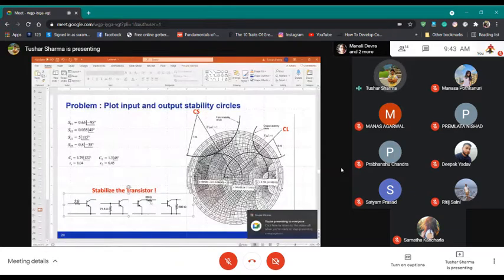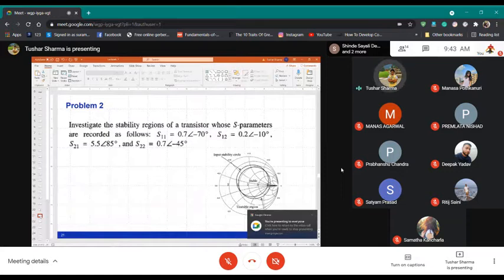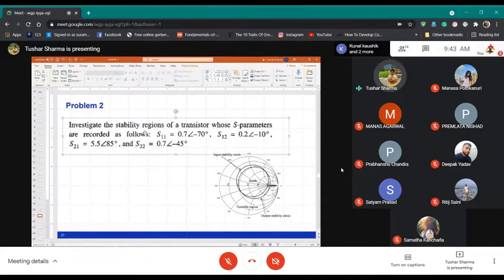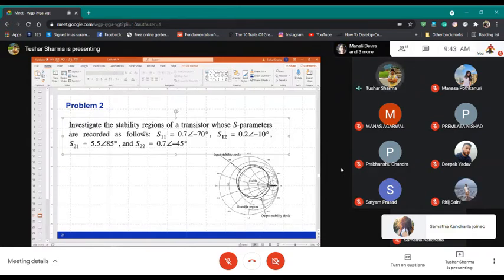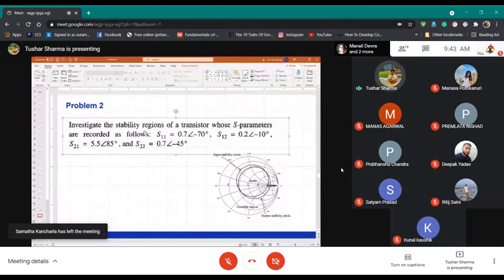So this is done. Now, let's talk about this. This is an interesting problem. You have S parameters, okay? S11, S12, S21, and S22. And it took me a while to figure out a problem like this. It is because of Manas I put this problem in, because he asked the question last time and I was just curious to see what happens in that particular case.